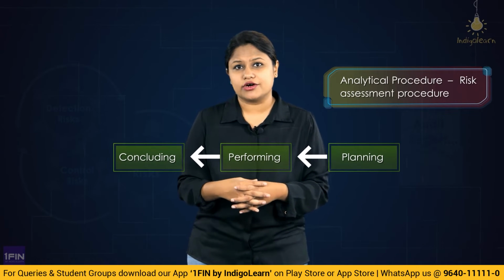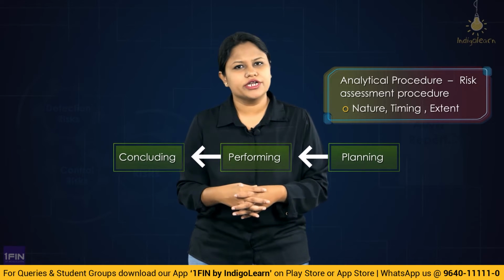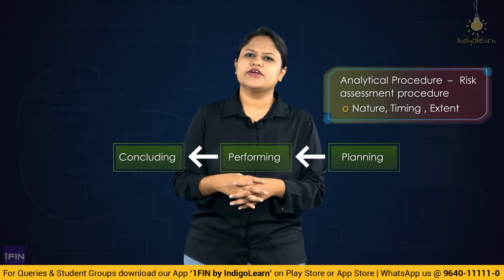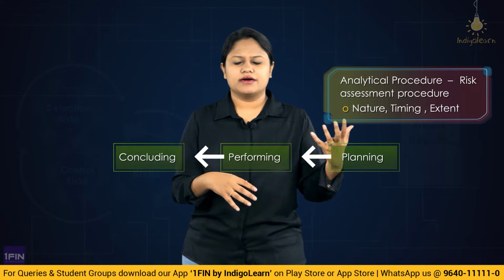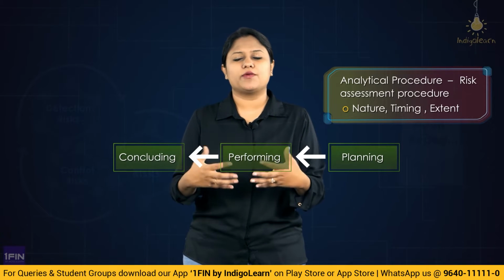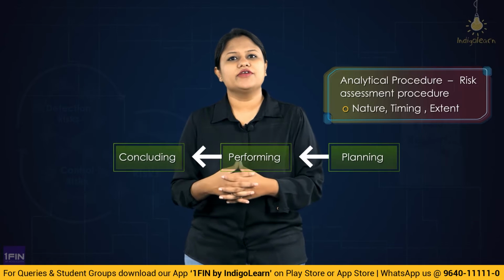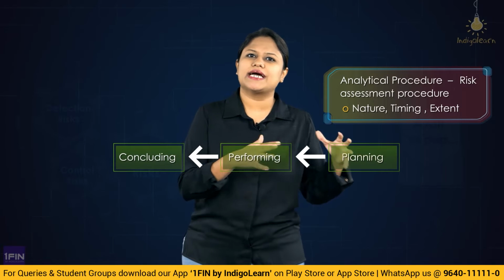This enables the auditor to design the nature, timing and extent of the audit procedures to be adopted. When you do a comparison and study the trend of the available information, you will be able to understand the possible areas of risk, where you have to concentrate more of your attention. So this happens at the planning stage.